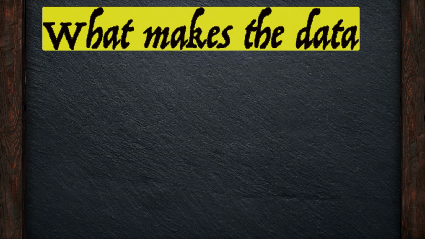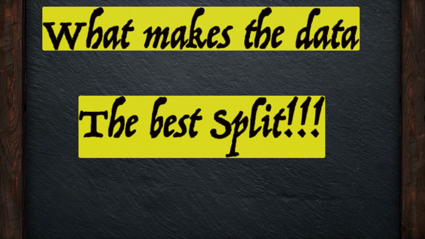Now, what makes the best split? There will be a decrease in impurity when a split occurs. So there are some data points and now we want to split this data, based on some attribute. The deciding factor for splitting on an attribute will be how much impurity is reduced by that split.